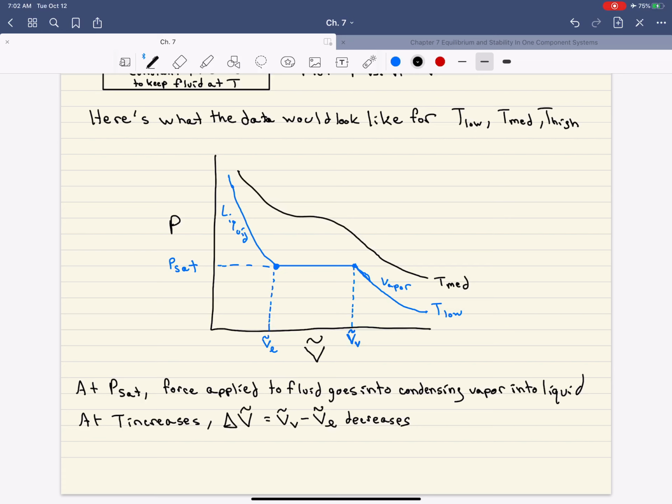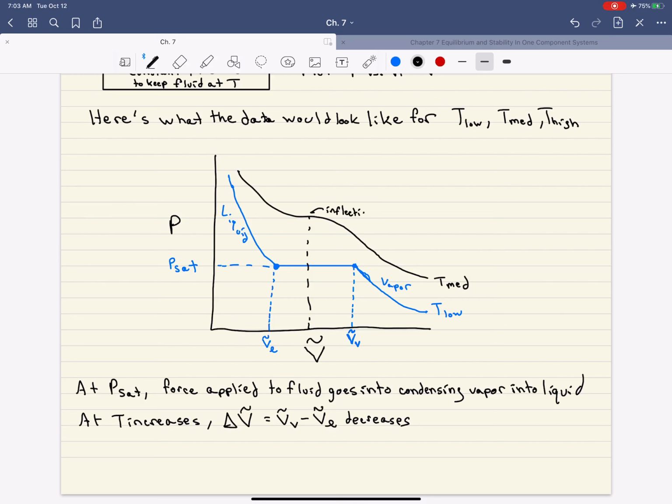Where, at this medium temperature, we don't really see this discontinuous step change anymore, but rather, what we would get is that at some certain molar volume, we would see an inflection point.